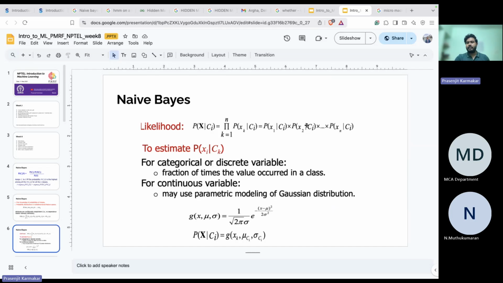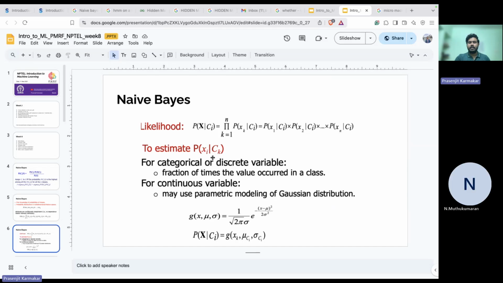And if it's a continuous value, we take mu and sigma from that segment and compute the probability of this value given that mu and sigma. To estimate this, we can evaluate a particular value given a mu and sigma with this equation, or if it is a categorical value, we just count how many times this value occurs in the entire data where C1 matches.